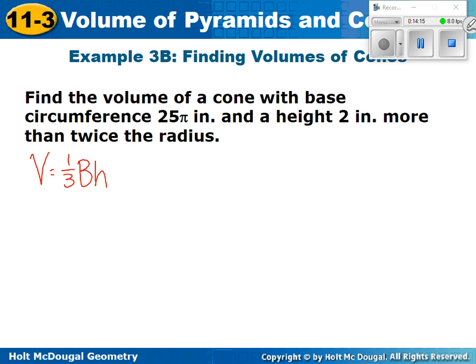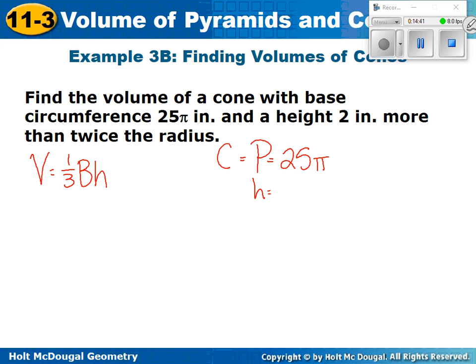So they're giving me capital P, which they told me is 25 pi. That's the circumference, and for a circle, we call it circumference, but it's also P for perimeter. And then they tell me, what about the height? 2 inches more than twice the radius. How could we write that as an expression?